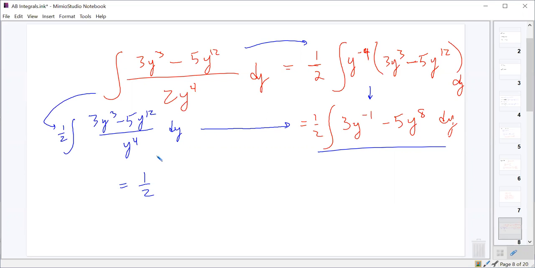There must be a different rule on that rule sheet. What is the integral of y to the negative 1? Or how could you rewrite y to the negative 1? Isn't 3y to the negative 1 3 over y? What function, if you took its derivative, would give you something over the variable?